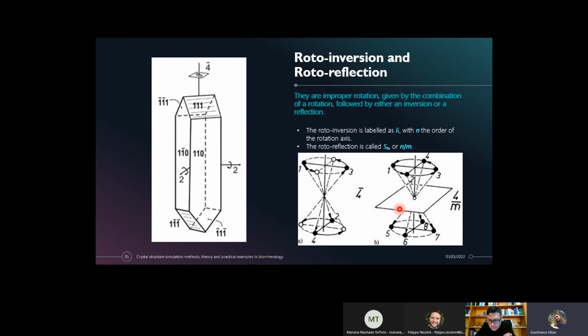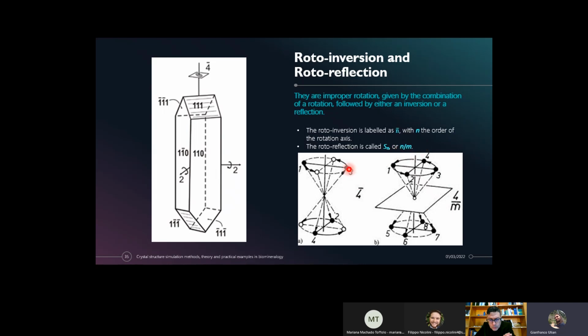For example, here we have a -4 roto-inversion axis in this crystal. The roto-reflection is called Sn, or from the crystallographic point of view, n over m.